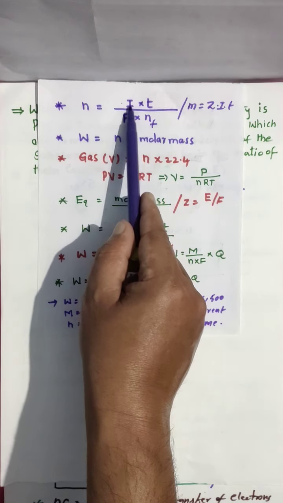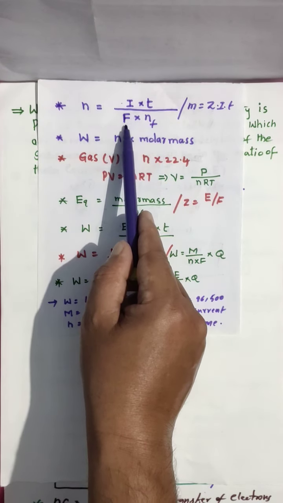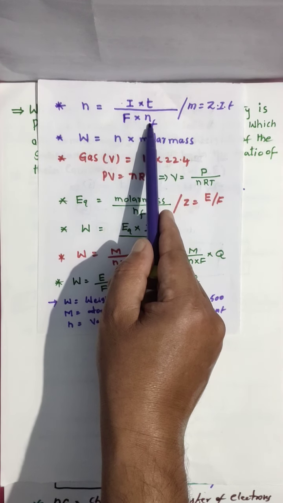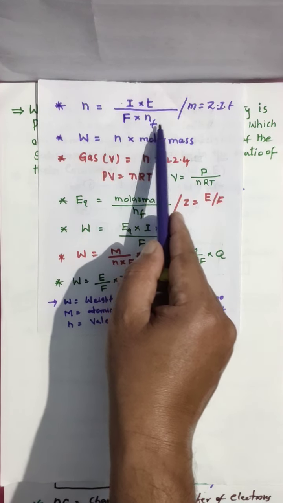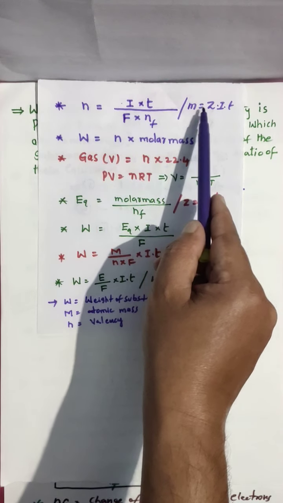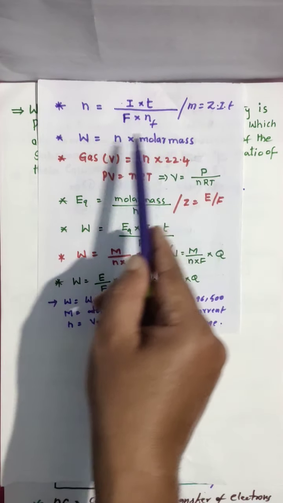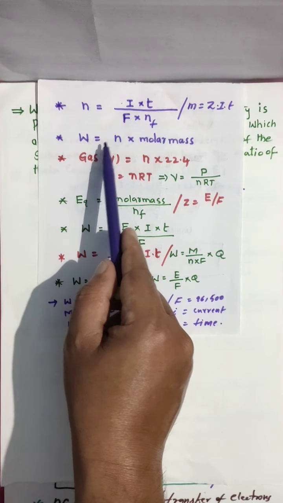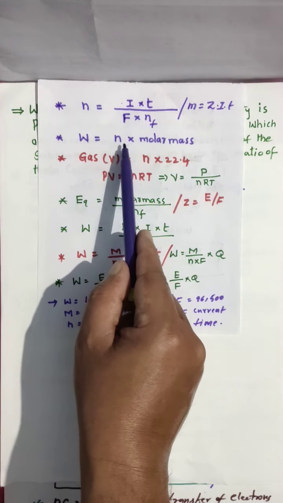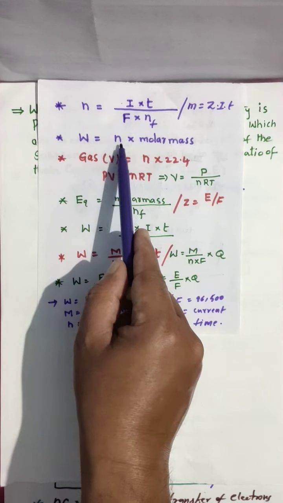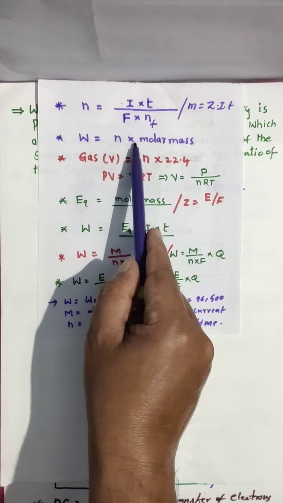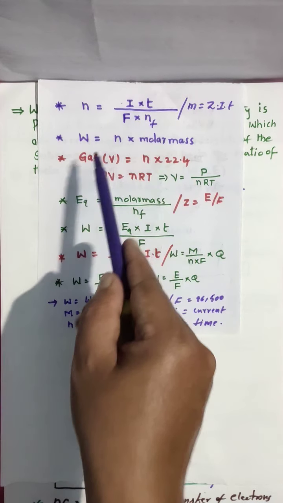I means current, T means time, F means Faraday, and n is the n factor. And you know M equal to ZIT already. To calculate the weight of the substance when the number of moles is known, W equal to n into molar mass.